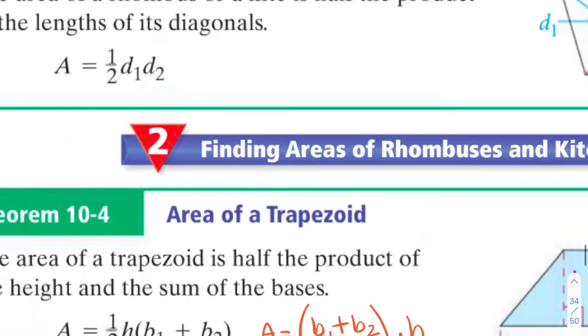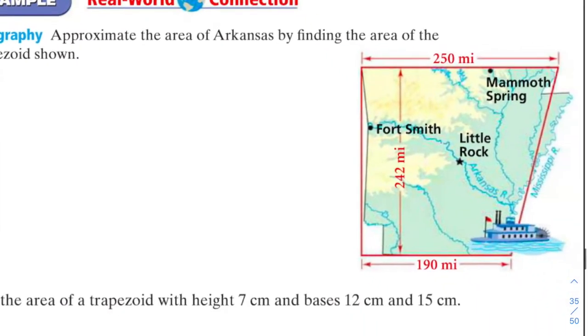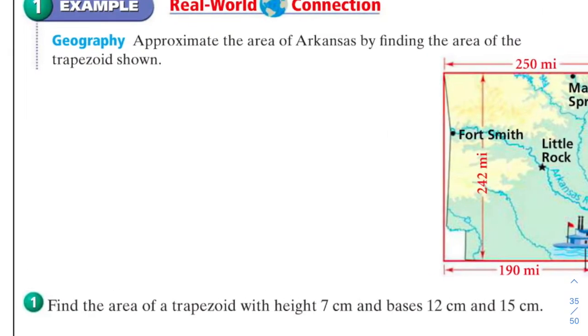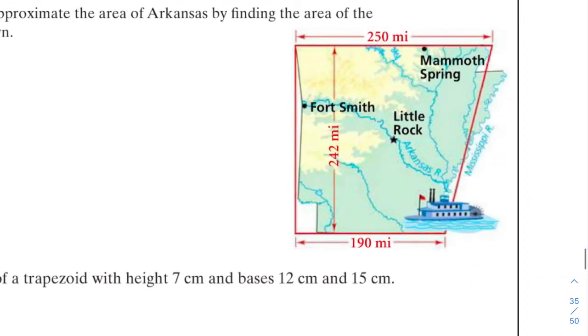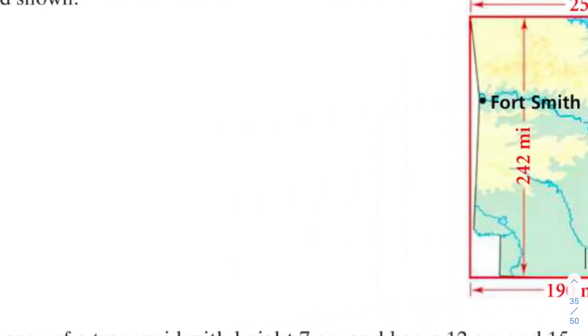So now that we have our formulas, let's actually do example 1. Approximate the area of Arkansas by finding the area of the trapezoid shown. So it looks like base 1 and base 2 are given, 250 miles and 190 miles, with a height of 242 miles.